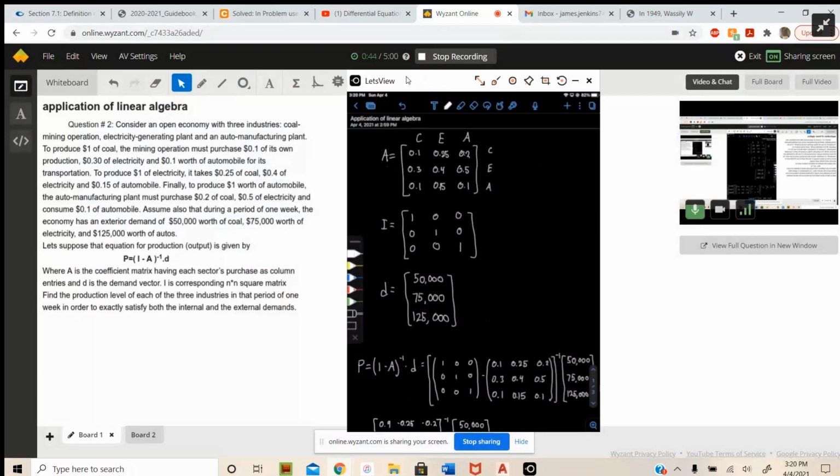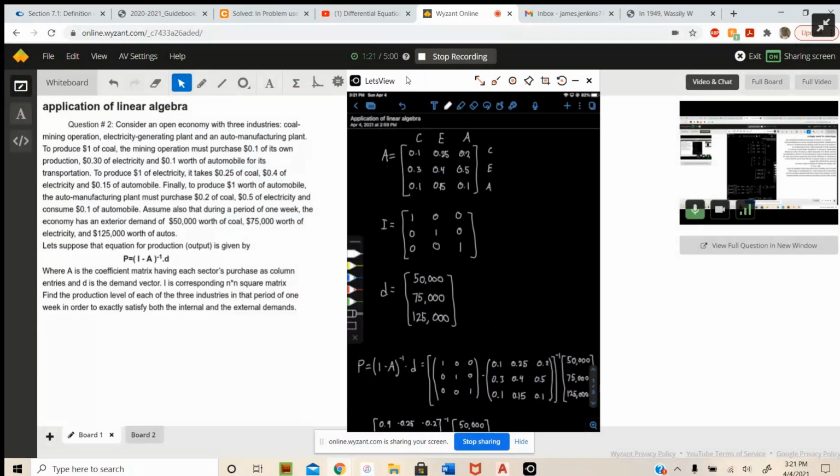Assume also that during a period of 1 week, the economy has an exterior demand of $50,000 worth of coal, $75,000 worth of electricity, and $125,000 worth of autos. Let's suppose that the equation for production (output) is given by P equals the quantity (I minus A) inverse times D, where A is the coefficient matrix having each sector's purchases as column entries and D is the demand vector.